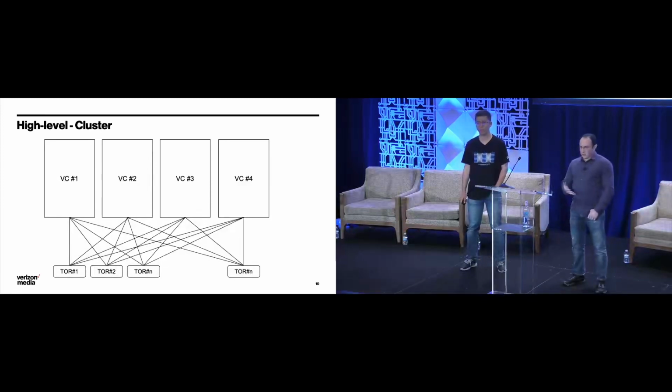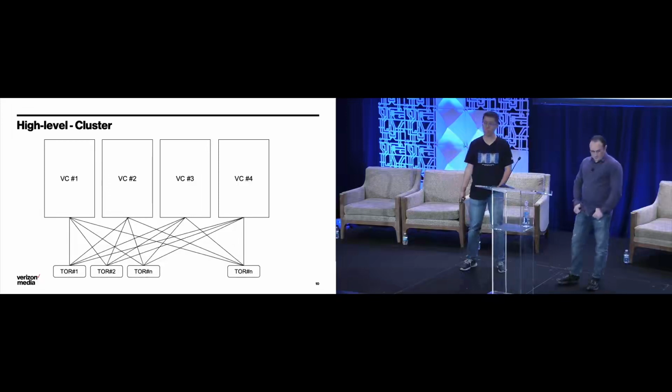The design is similar. We just changed it so that instead of one big massive piece of iron, we replace it with, well, VCs. Right. And we can build VCs on demand. If we need more or less oversubscription, we can build more VCs to accommodate that. This is just a typical setup that suits our application or traffic patterns better, but it's very easy to adapt to other traffic patterns or profiles.